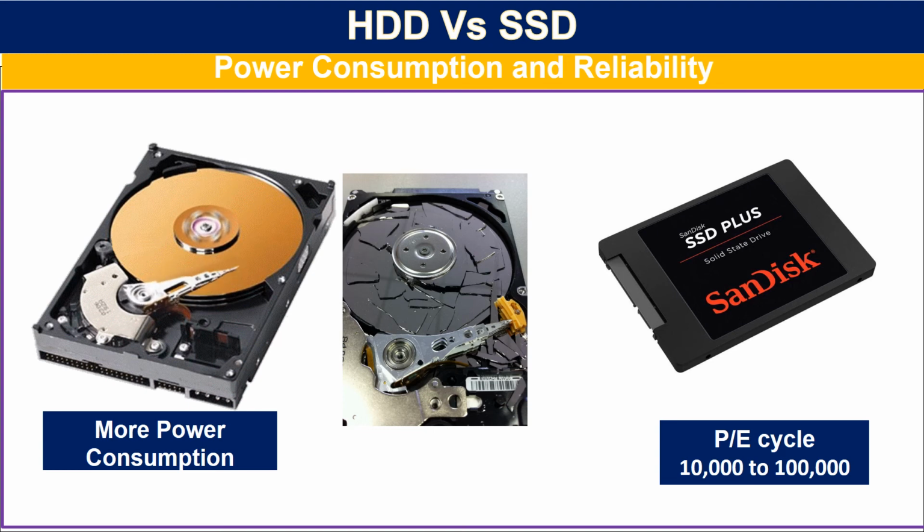The data durability of hard disk drives is more than SSDs, and the data can be stored for a longer time on the hard disk drive. But in the case of SSDs, the number of program and erase cycles is limited just because they are using NAND flash memory. Typically, the program or erase cycle is limited to 10,000 to 100,000.